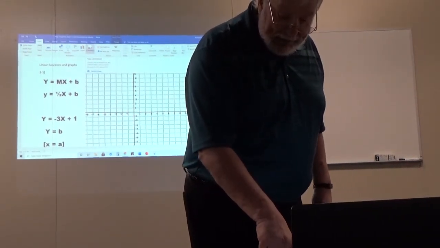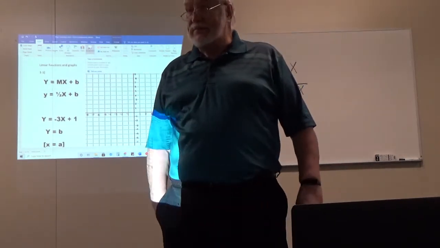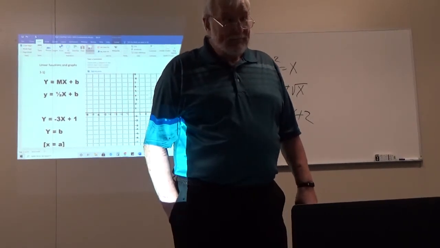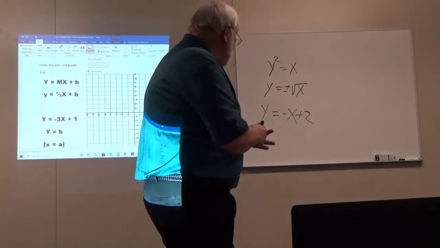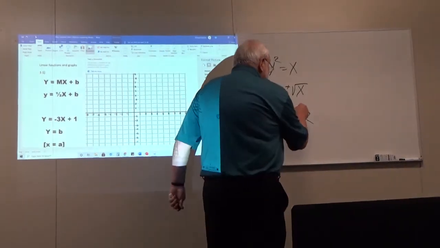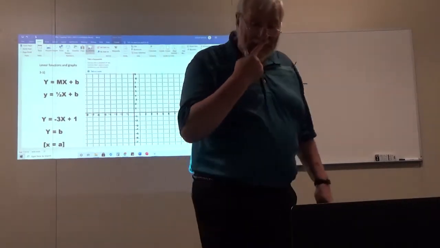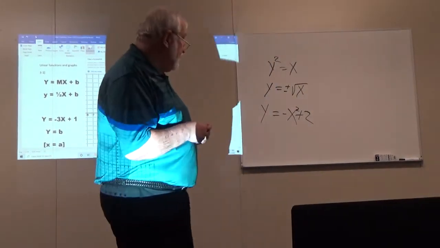Now, what would happen for B in R1? What are you going to do to be able to get y equals? Yeah, again, subtract the x squared. So now you have negative x squared plus 2, which is a different looking graph.